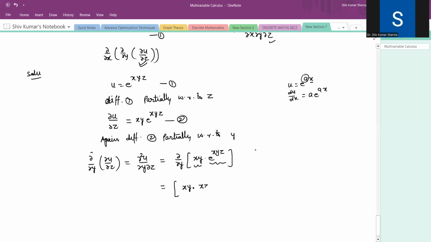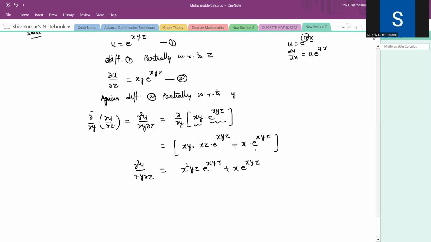So we write xz into e raised to the power xyz, plus differentiation of the first with respect to y, which gives us x, and the second as it is, xyz. So this gives us x square yz e raised to the power xyz plus x e raised to the power xyz. This is the value of ∂²u/∂y∂z.